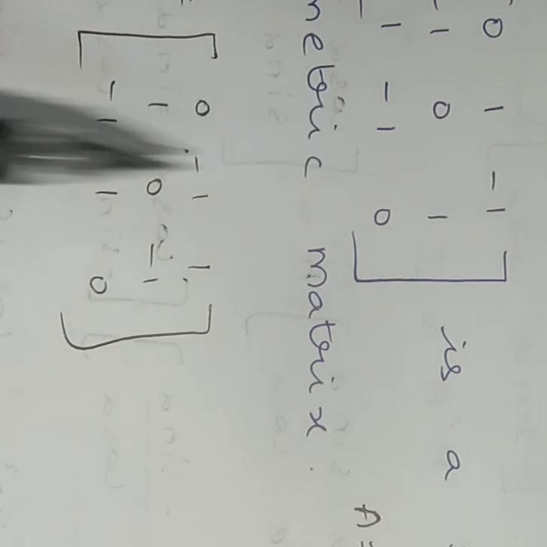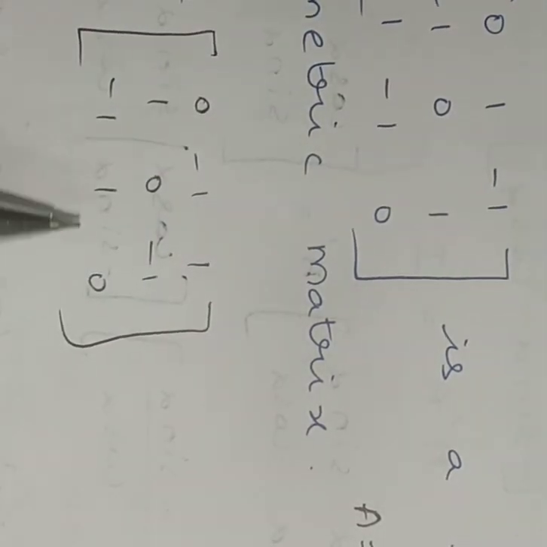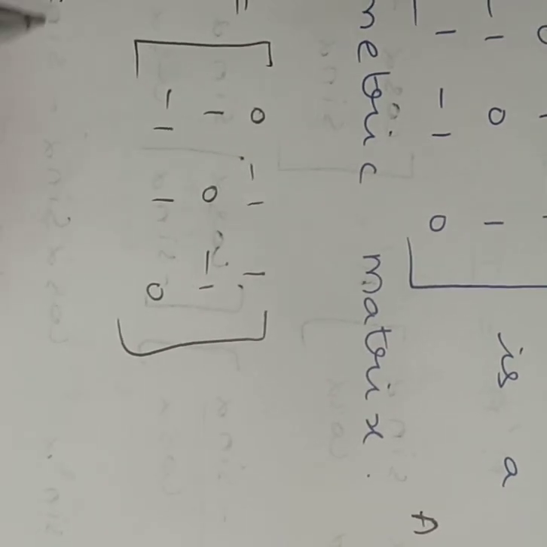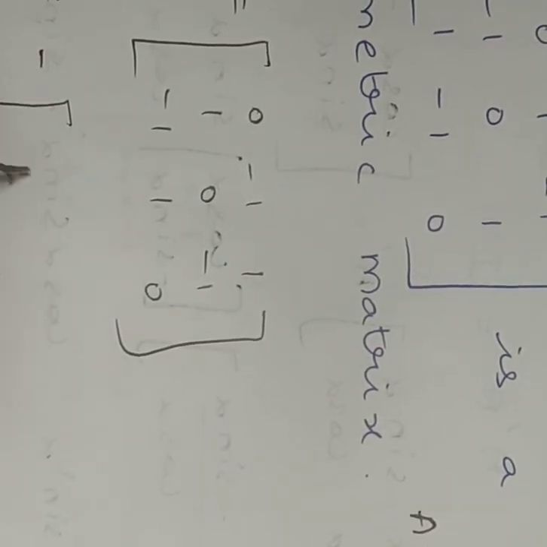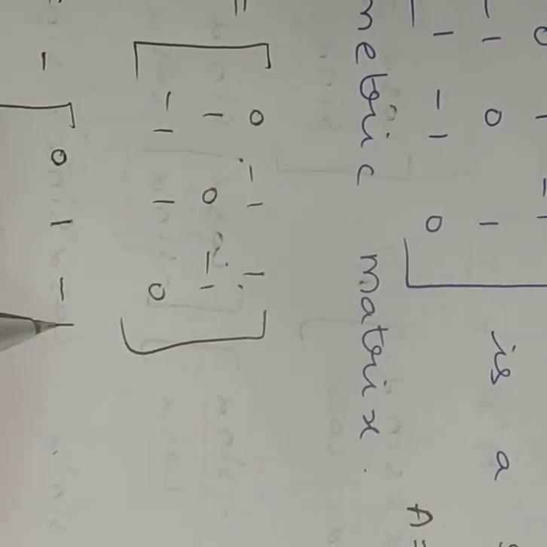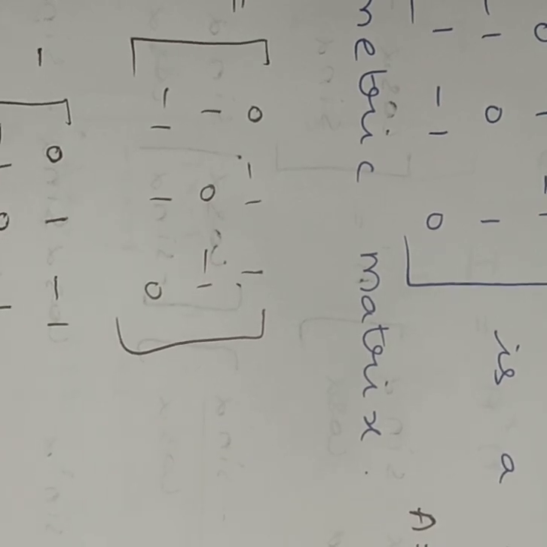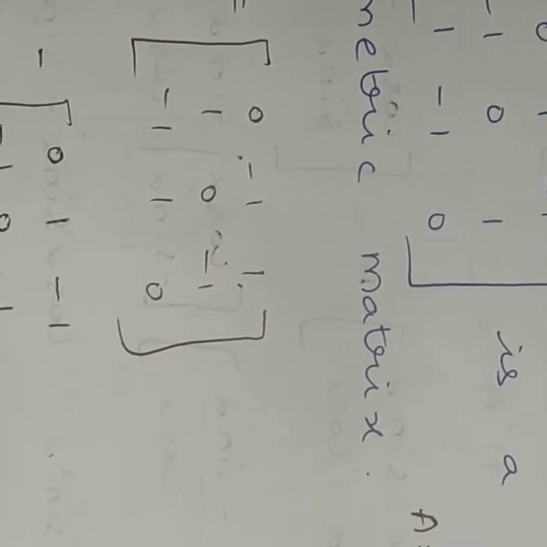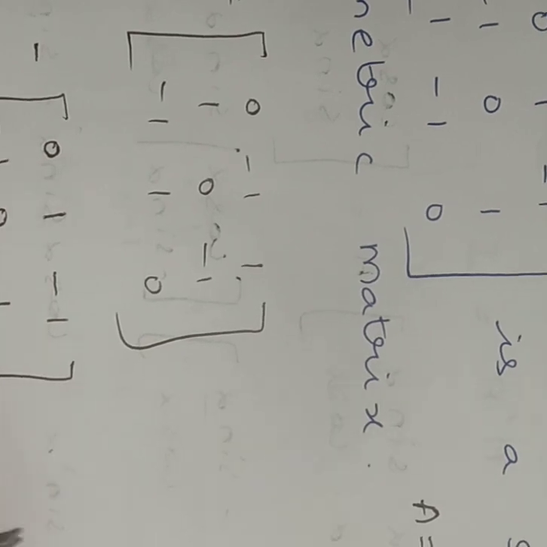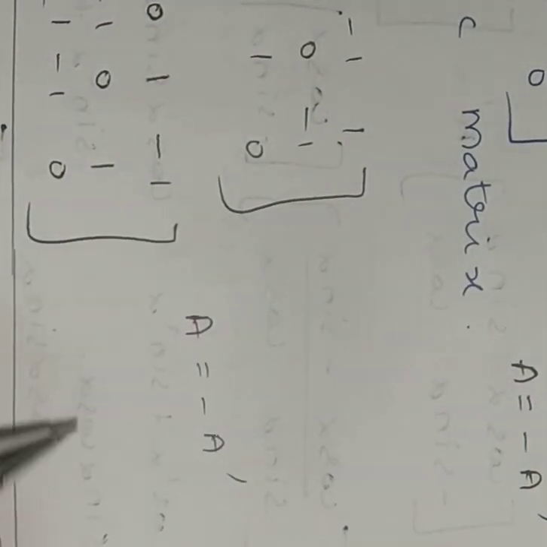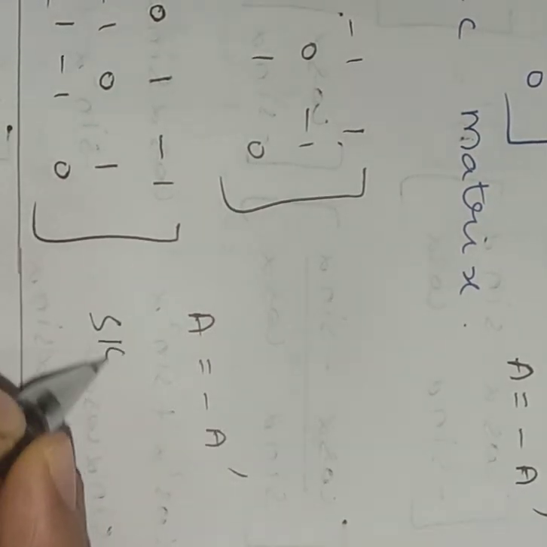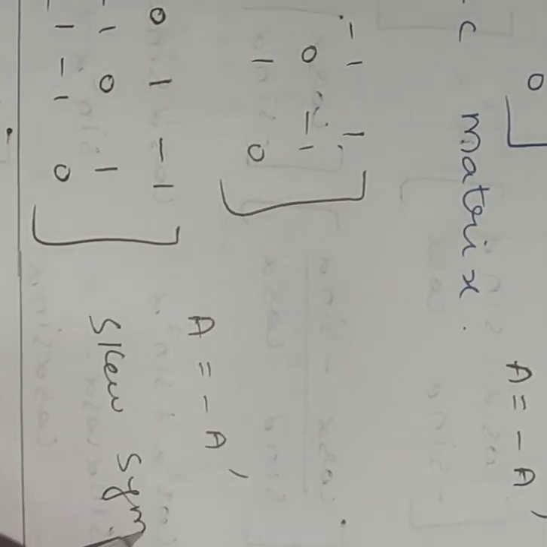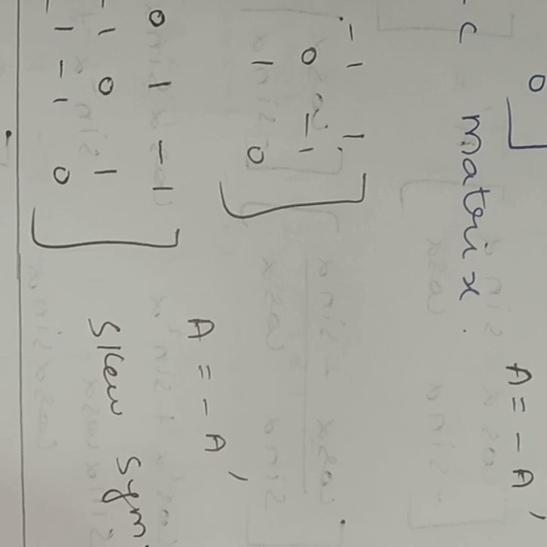Can you see the difference between the two matrices? Yes, all the numbers differ only with the negative sign. So if I take one negative outside, I can write this as 0 1 minus 1 minus 1 0 1 1 minus 1 0. So which implies A equal to minus A dash. Therefore the given matrix is a skew symmetric matrix.